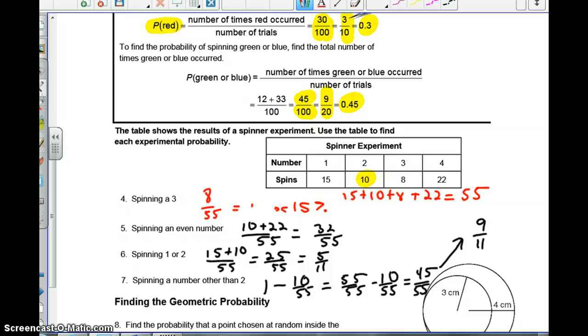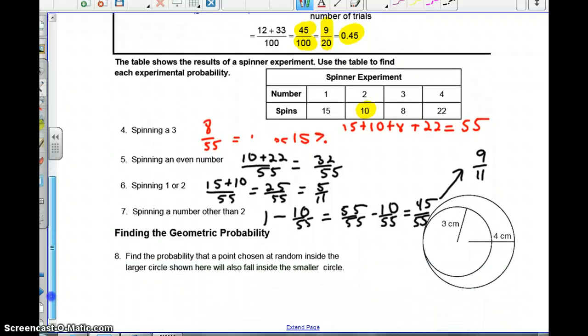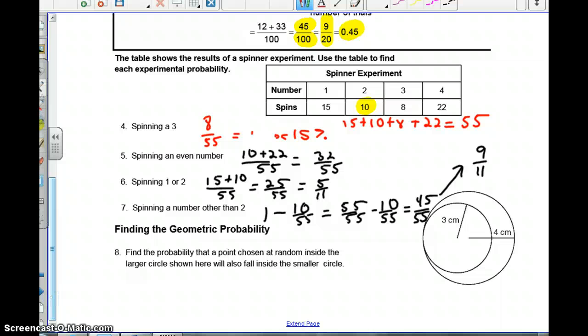Like I said, with a chart this small, adding up 15, 8, and 22 is probably just as easy. But if you had a bigger chart, using the complement would be a great way.